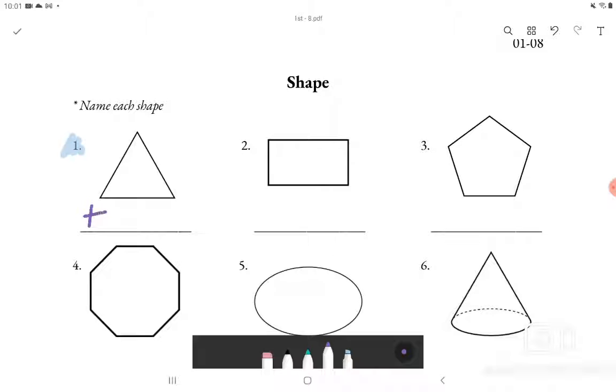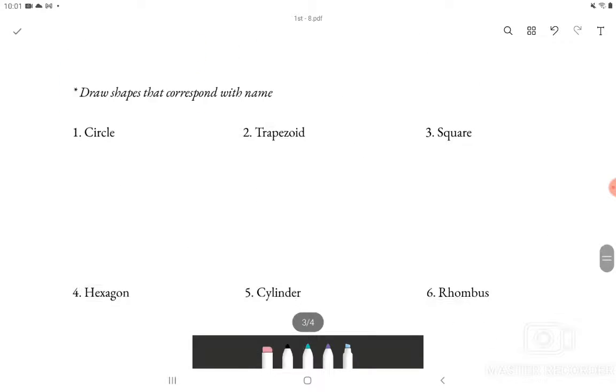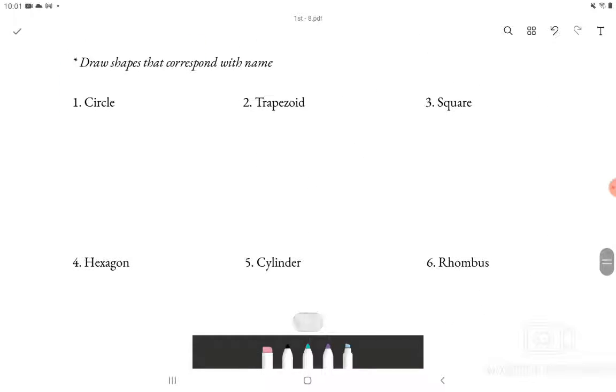So that's all you have to write for this part, triangle. And you have to do that for number 1 through 6. And the next 6 questions are the opposite way, where you'll be given the name and you have to draw the shape. So for number 1, it says circle, and all you have to do is just draw a circle.